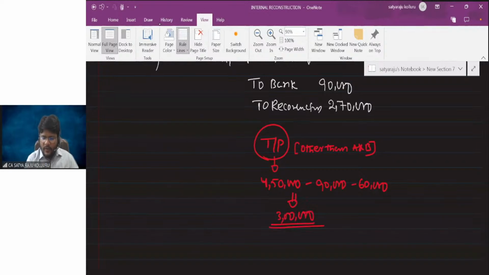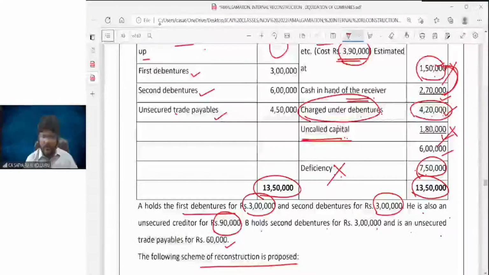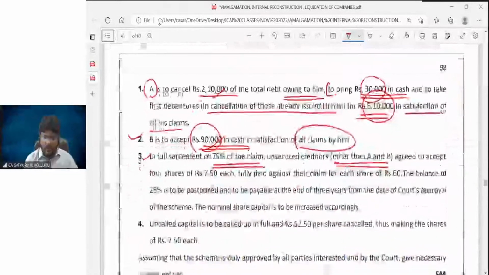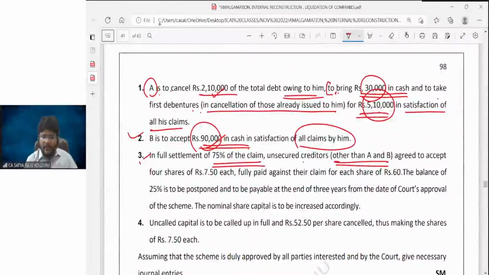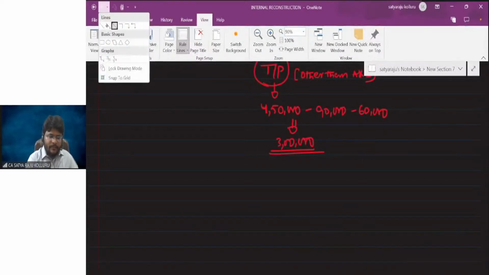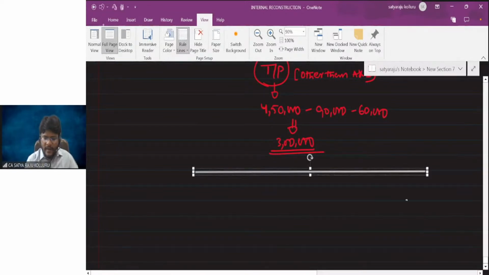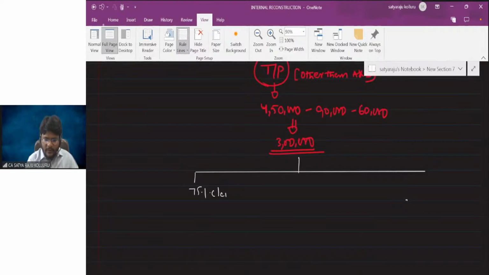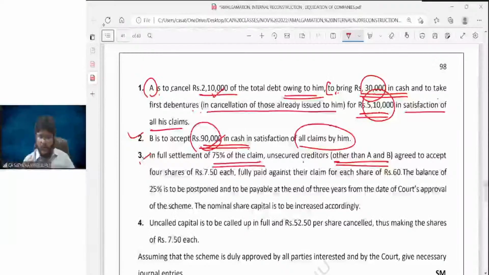Now, what he is talking about in point number 3: in full settlement of 75% of the claim means, out of this 3 lakhs, 75% claim. That is 3 lakhs into 75%, which is 2,25,000.